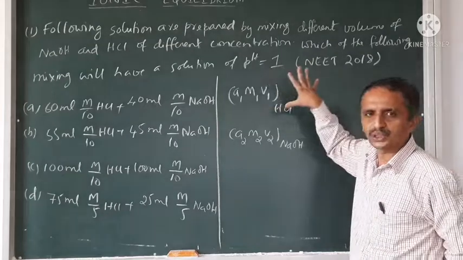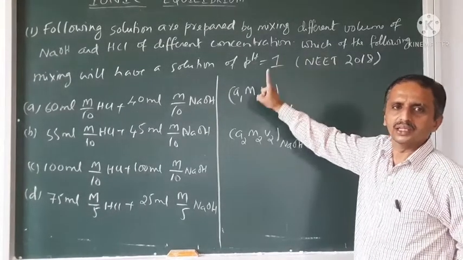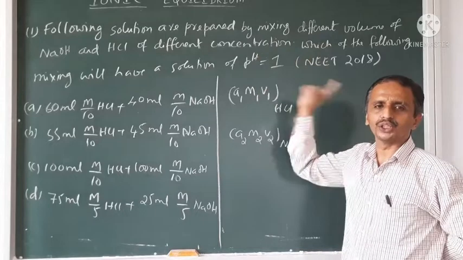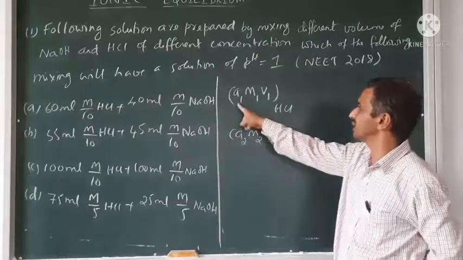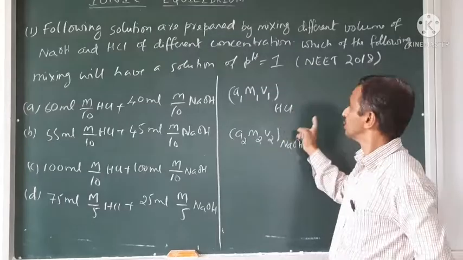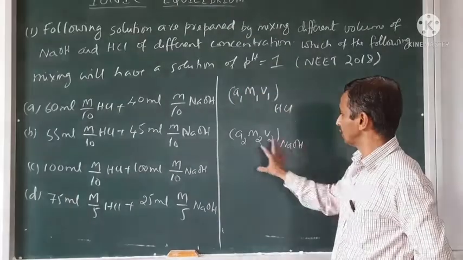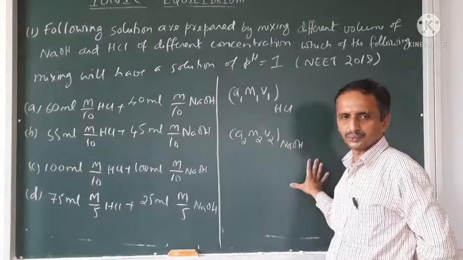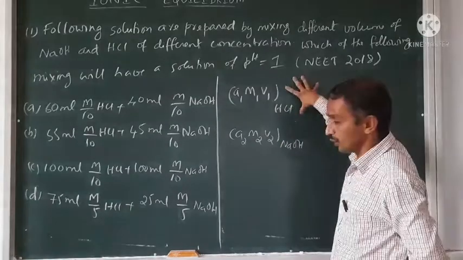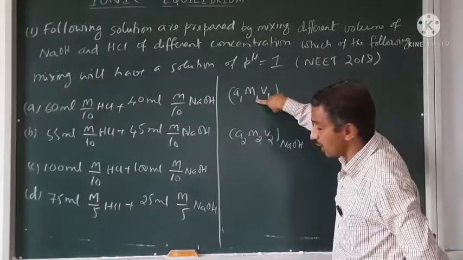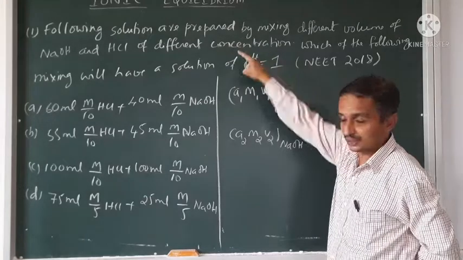See, first identify whether the resulting or net solution is acidic or basic by seeing these values. Say A1, M1, V1 I am taking for the acid, A2, M2, V2 I am taking for the base. Get this value. If this value is higher, the solution is acidic.